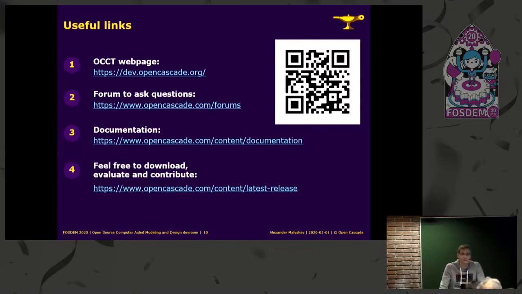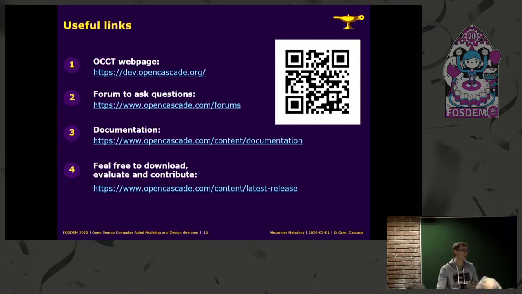Can you explain the difference between OpenCascade and OpenCascade Community Edition? OpenCascade Community Edition is a fork of OpenCascade. Several people started it around 2010, and they were not satisfied with our development progress.